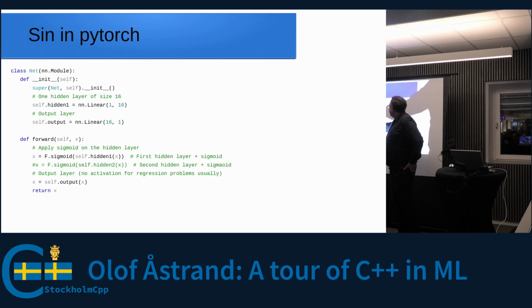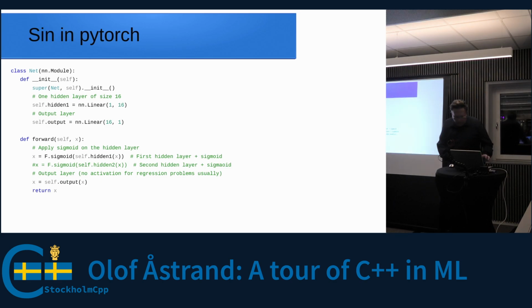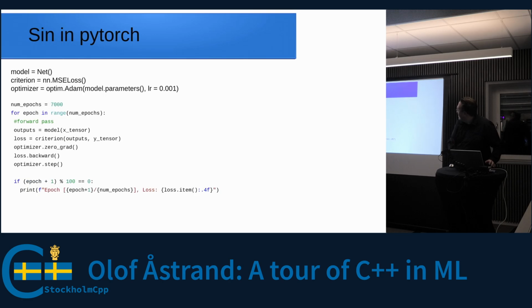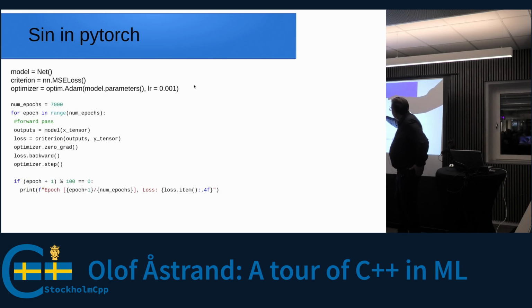You have a single hidden layer of size 16. And then you apply the sigmoid on the network. This is a forward step. And this is how you would do the training. In this case, we're doing 7,000 iterations for the training.